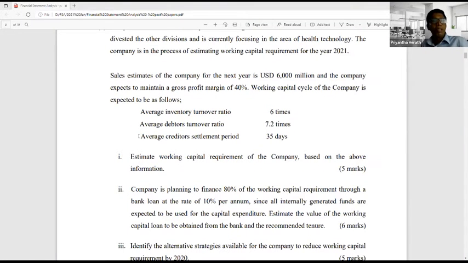One good thing, the creditors settlement period is given, 35 days, so you don't need to estimate this. The average inventory turnover ratio and debtors turnover ratio are given, but we don't know the debtors days and inventory days. We need to estimate them. How to estimate?